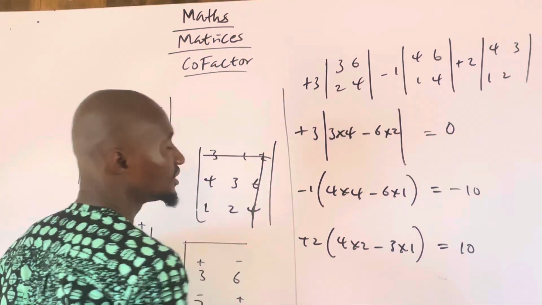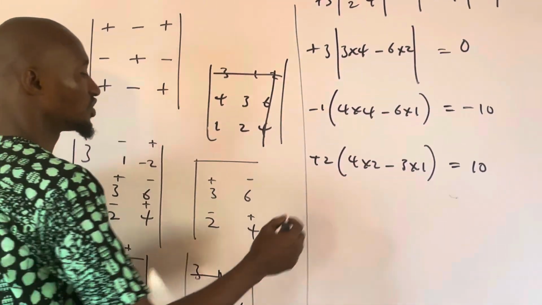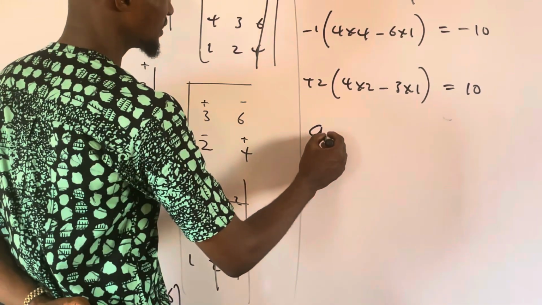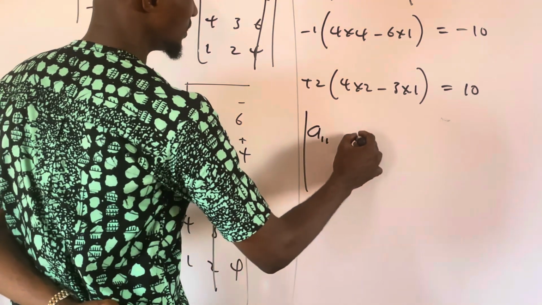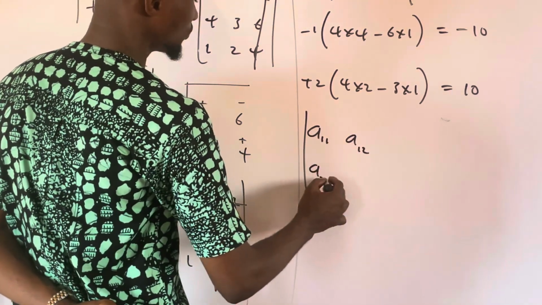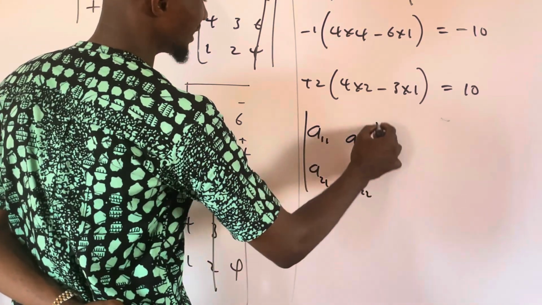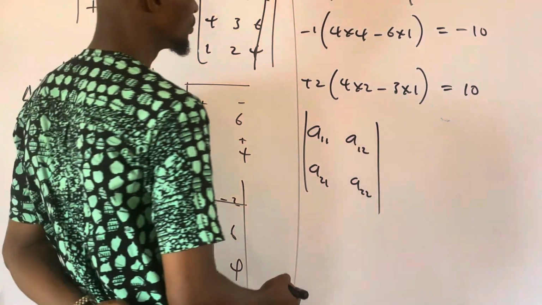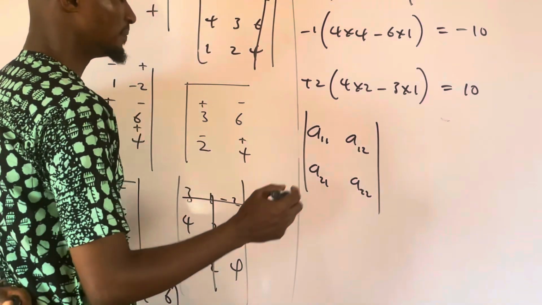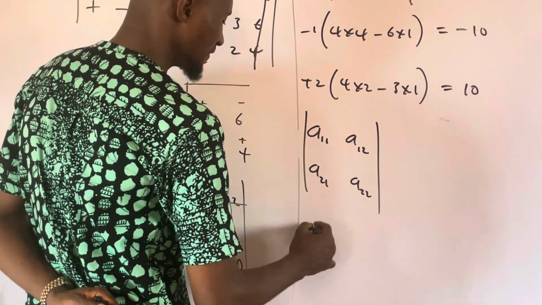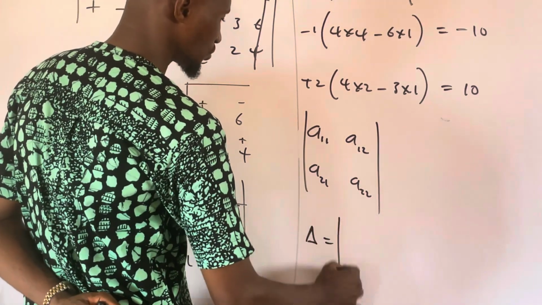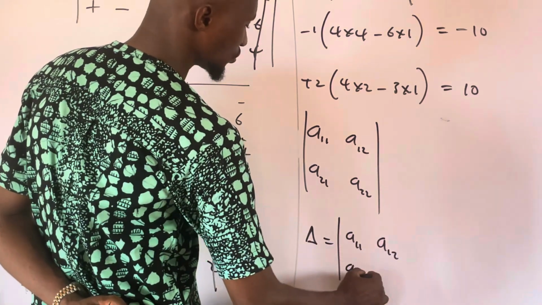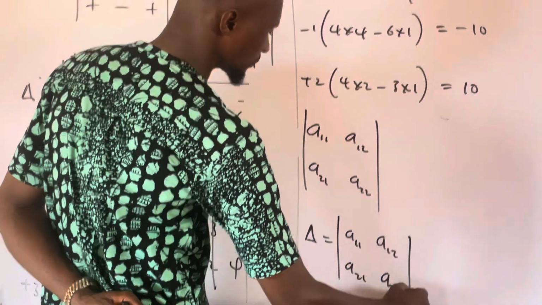But there's something I want to explain here. When this thing connects to simultaneous equation, we have A11. I want to tell you something again. Don't forget A11, A12, A21, A22. Remember when I taught you something like this, right? Good. So if you have delta equal to A11, A12, A21, A22.